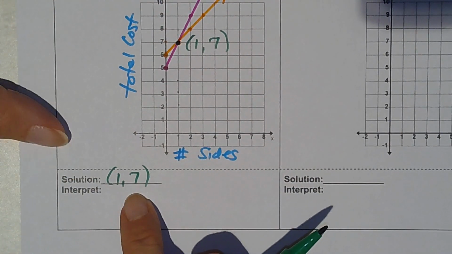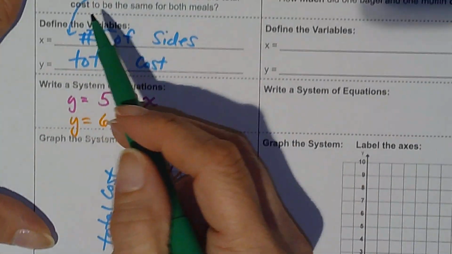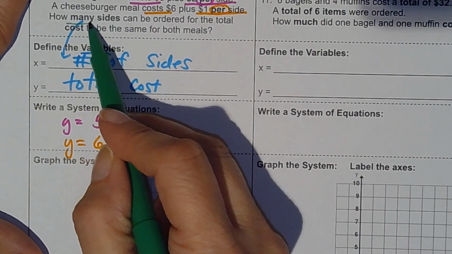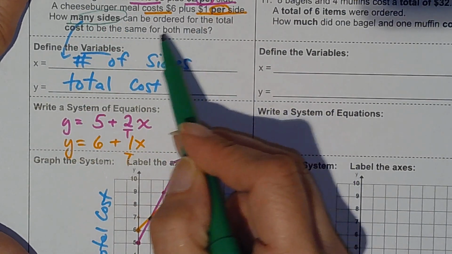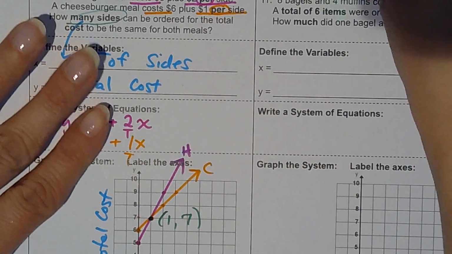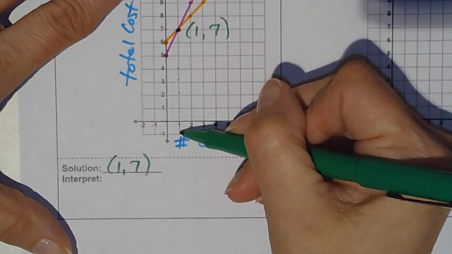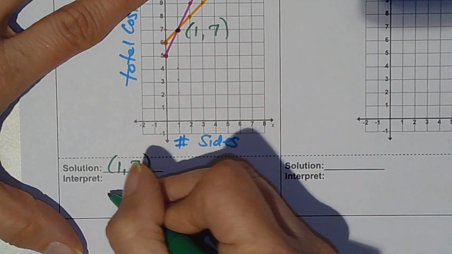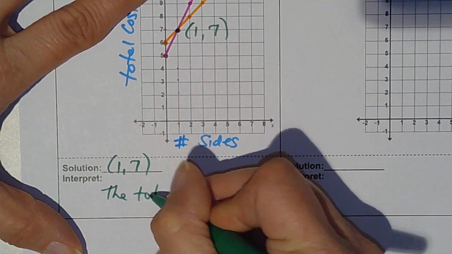But what does that mean? I can look at the question. How many sides can be ordered for the total cost to be the same? Okay? And the answer is 1.